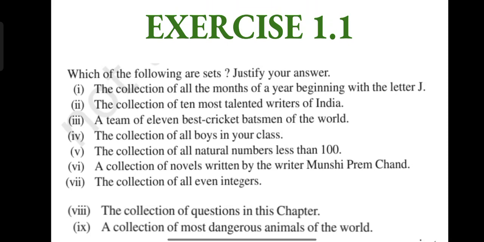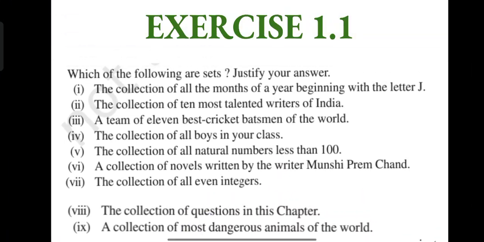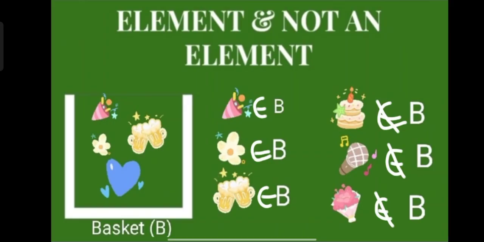Others will tell spider, somebody will tell cockroach, or somebody will tell snake, and so on. Since there arises the word "most", different people will have different answers. So the collection of most dangerous animals of the world does not define a set.